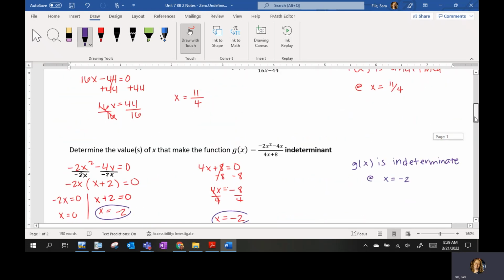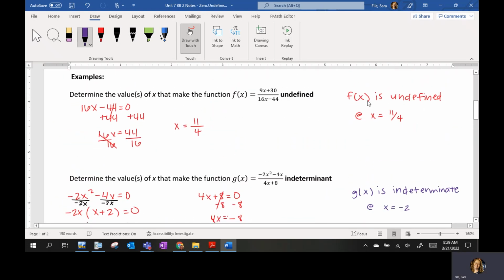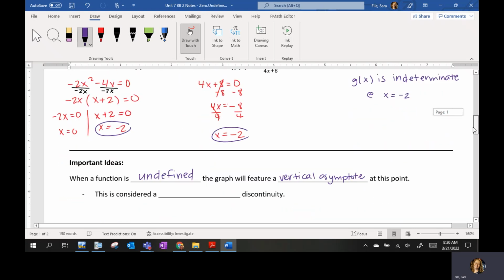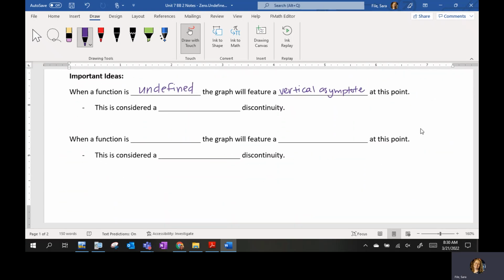So that's like this example we did right here. And we said this f of x is undefined at x equals 11/4. If we went to graph this, we would have a vertical asymptote at x equals 11/4. Okay? So when your function is undefined, there will be a vertical asymptote there.